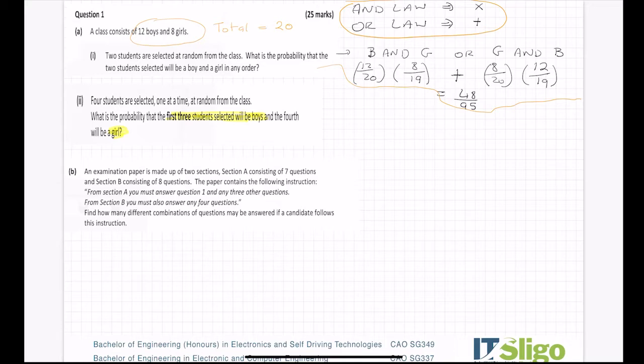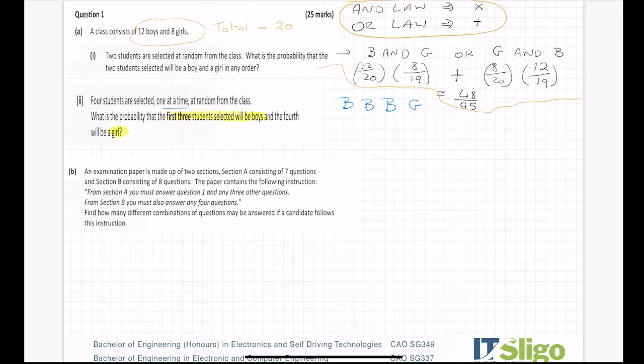If I'm to write that down in English, that would be my first student will be a boy, my next student will be a boy, my third student will be a boy, followed by the 4th student being a girl. Okay, that is me choosing them one at a time. The first 3 students are boys, followed by the girl.